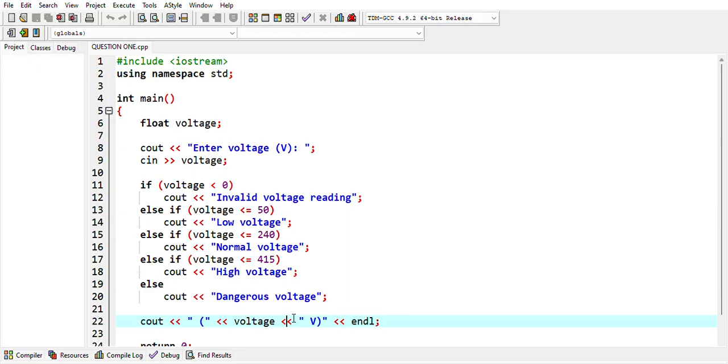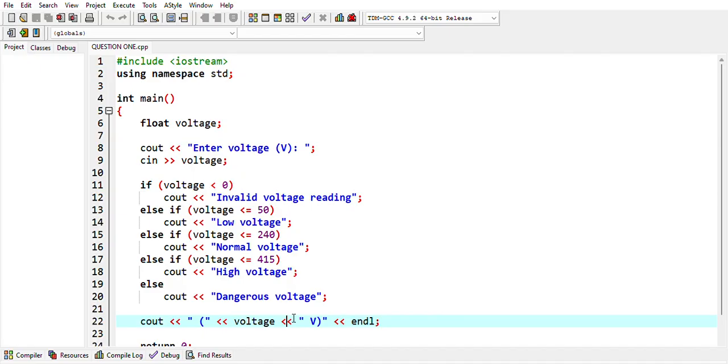We move on to cout << "Enter voltage". I can give my voltage example as 240 volts. For that one, it displays a message asking the user to enter a voltage.